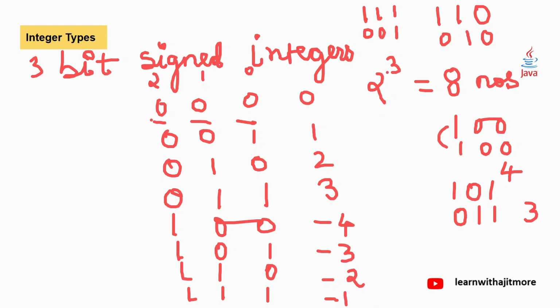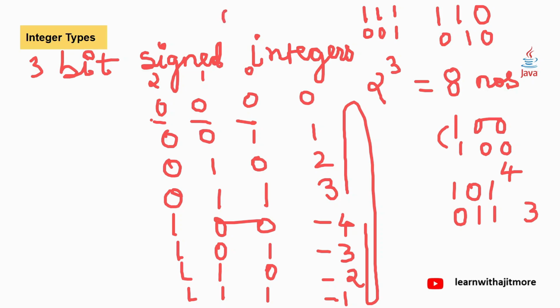So can you see, 2 raised to 3, total 8 numbers, from which 4 are positive, 4 are negative. In this, you can observe 0 doesn't come twice. If 0 goes in the positive, the negative starts with minus 1. The highest is 3 and the smallest is minus 4.